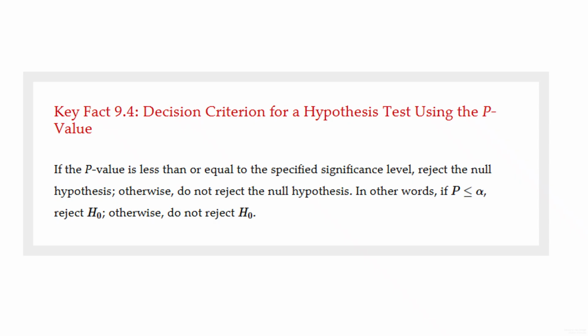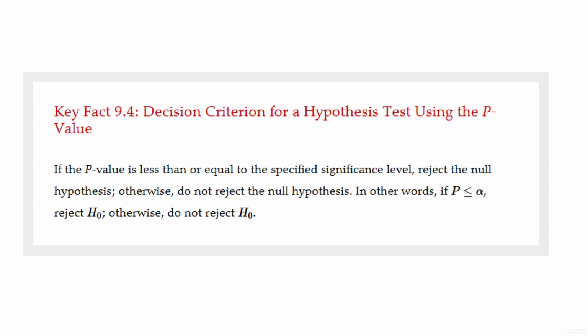Suppose that the p-value for a hypothesis test is 0.07. So then we can reject the null hypothesis at the 10% significance level, because P then is going to be less than 0.10. But we cannot reject the null hypothesis at the 5% significance level, because P is then going to be greater than 0.05.